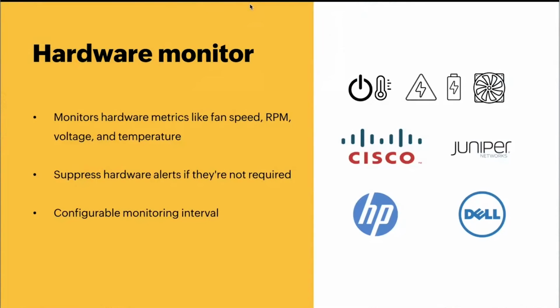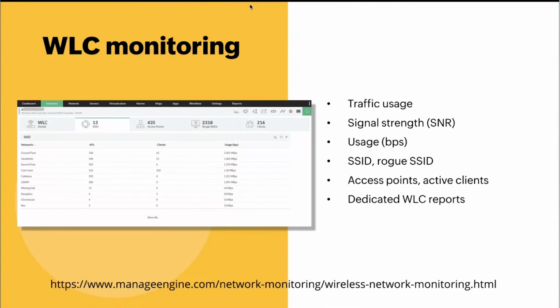Now that we've seen hardware monitoring, let's go on to the WLC monitoring section. Now, wireless LAN controller monitoring is yet another licensed module inside OpManager that allows you to monitor all your WLCs across multiple vendors and gain in-depth information on traffic usage via wireless and wired network components, the signal strength, authorized and unauthorized Wi-Fi connections detected by your access points, which will be listed out as SSIDs and rogue devices.